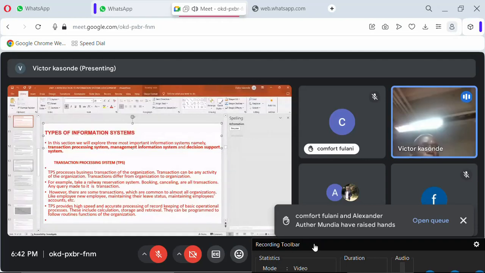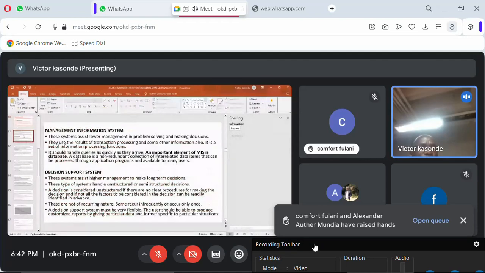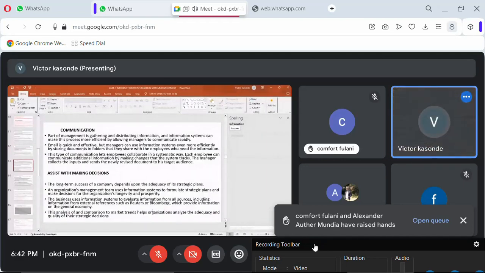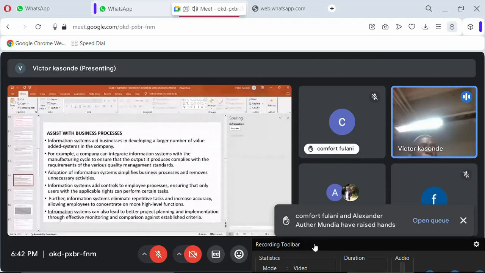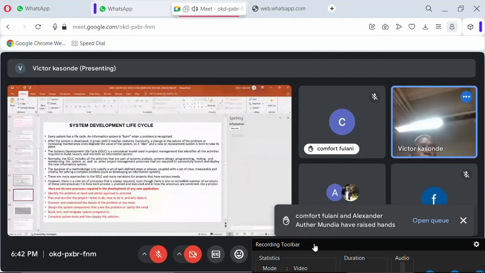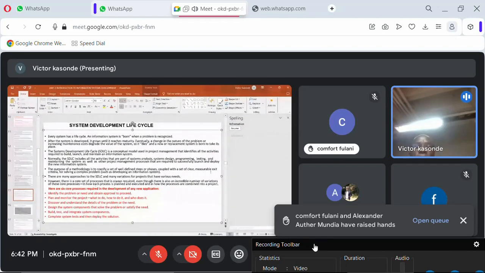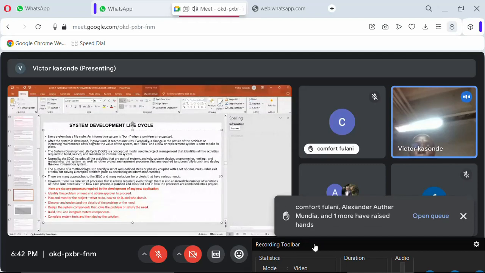From the time when we started on information systems, and we have been preaching about information systems, there is management. All these are management information systems. This is the information system. Here all these are information systems. Here, what we are going to do now is, when you are developing a system, what steps do we follow?